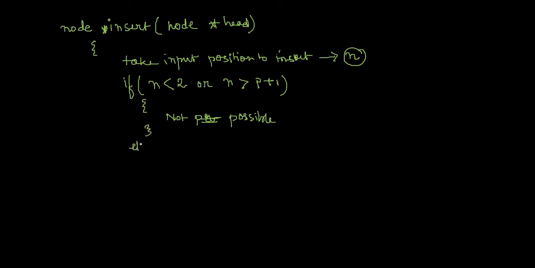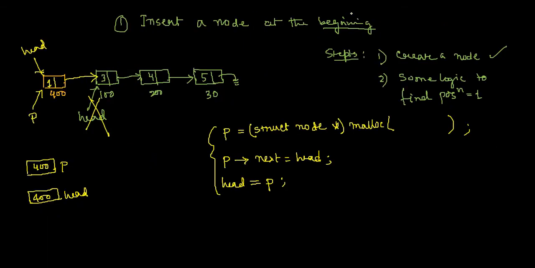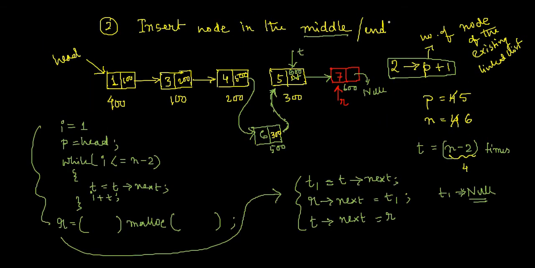If you come into the else part, that means the position is at least correct, so you can proceed. Now in this else part you can insert in the linked list, but insert has 2 different cases, right? One is at the beginning and one is either middle or end.